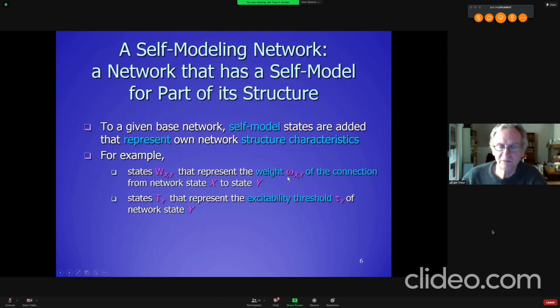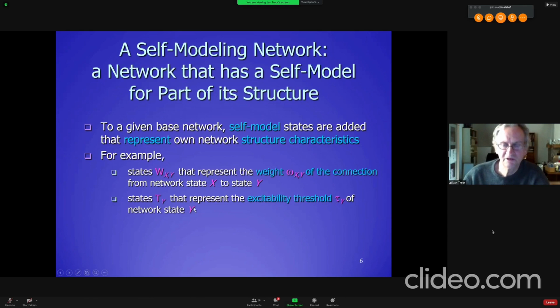So, for example, for such a connection weight omega, you introduce a state W that represents the value of that omega. So that means that usually you take this as a parameter for the calculation, and then you use that value to do the calculation. Now you use the value of this state in the network. That's just a node in the network.